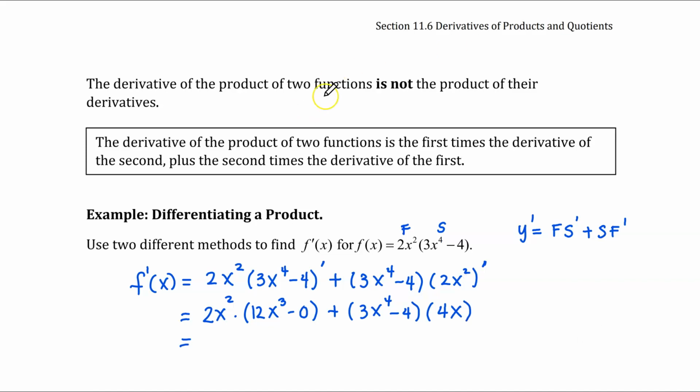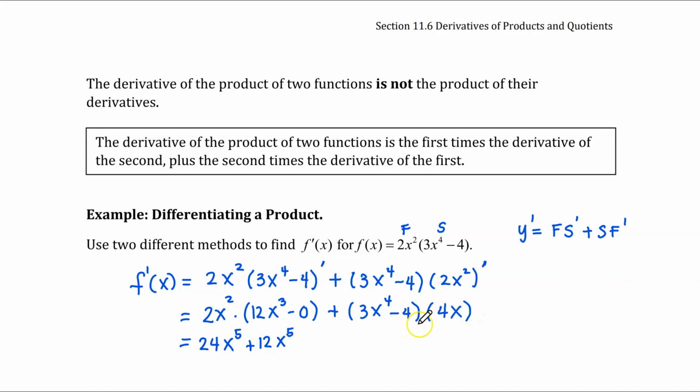And then you simplify. You multiply 2 times 12, that's 24x; x squared times x cubed is x to the fifth. This times 0 is just 0. Next, you multiply 4x and 3x to the fourth. 3 times 4 is 12, so 12x to the 4 plus 1, fifth.